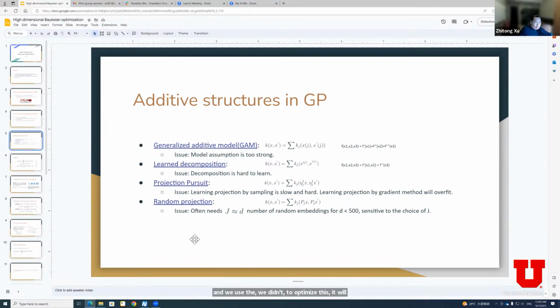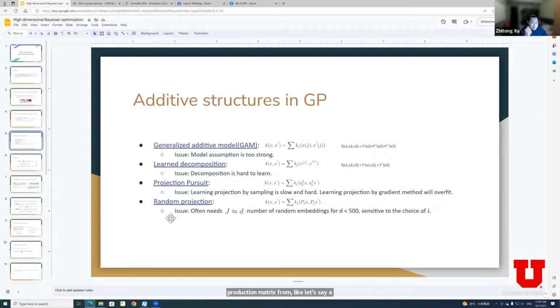The paper we're going to discuss today actually uses random projection. They don't learn the projection, because we know it will overfit when we introduce new parameters. So we just don't use any parameters. We just sample the projection matrix from, let's say, a Gaussian distribution.